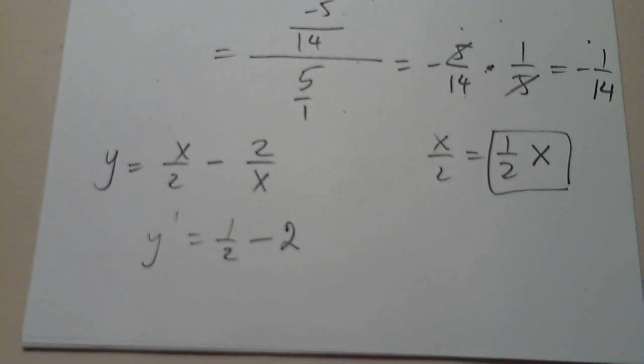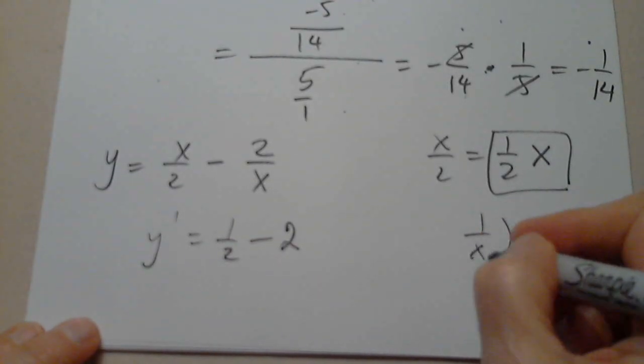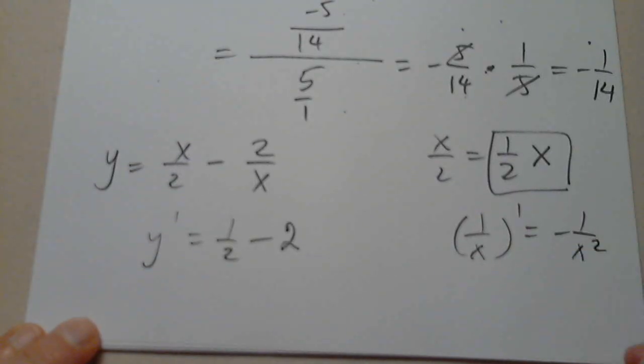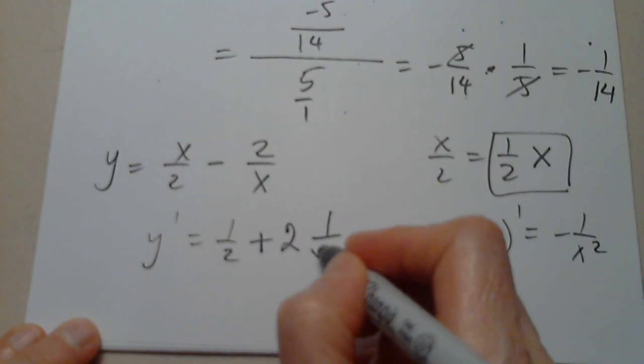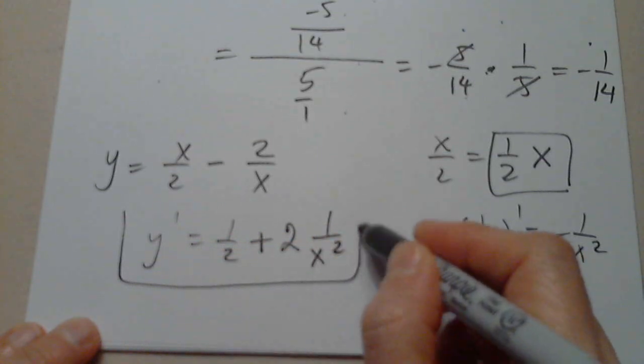Minus 2. But remember, we discussed this formula a long time ago: when we differentiate 1 over x, we get negative 1 over x squared. So plus 1 over x squared. And this is it.